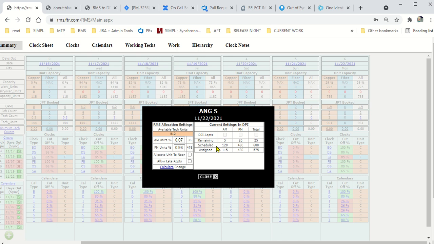So you'd show remaining of 130. Well, no, I apologize. You are correct. It would be 125, because scheduled would be 240 minus the assigned, which is 115. So remaining would be 125.